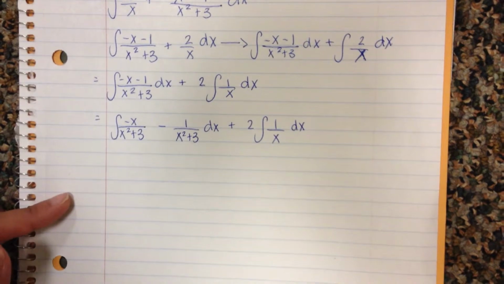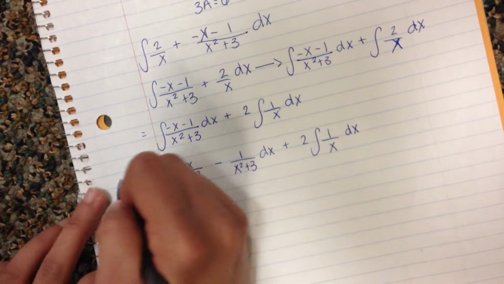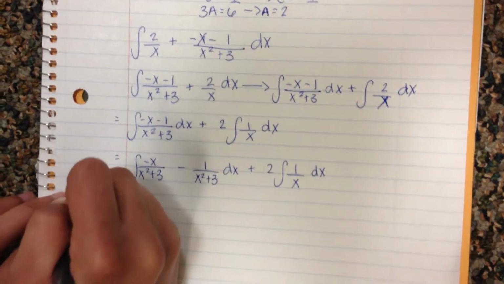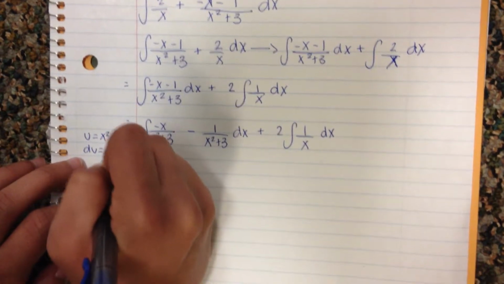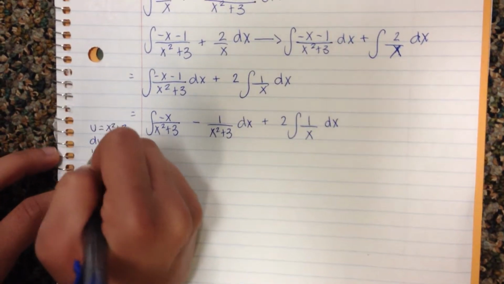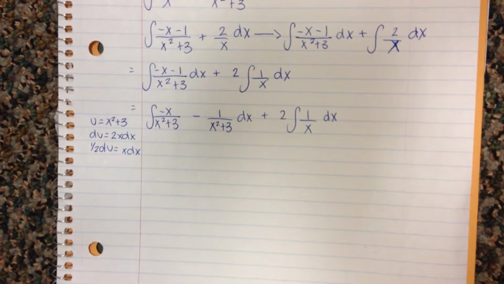And then now for this fraction, you can take the u substitution. And so u would be x squared plus 3, du would be 2x dx, and then you can see that 1/2 du is equal to x dx, which is what we have.